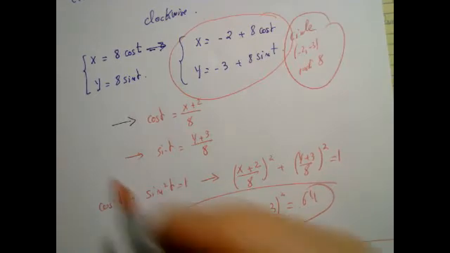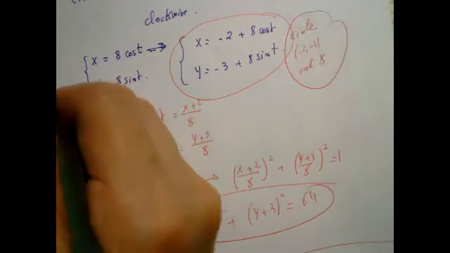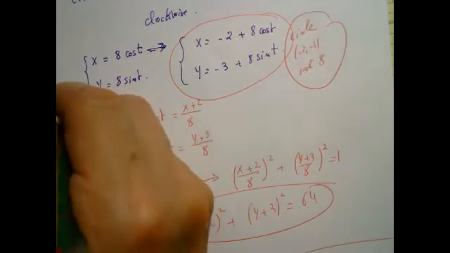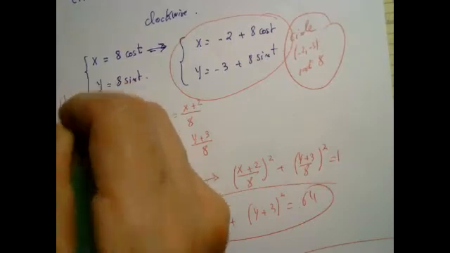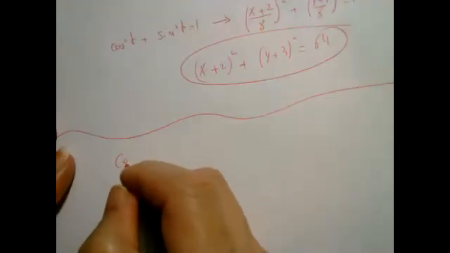So in general, what's happening if the center of a circle is at (A, B), or (H, K) if you want, and the radius is R. So that's the picture.